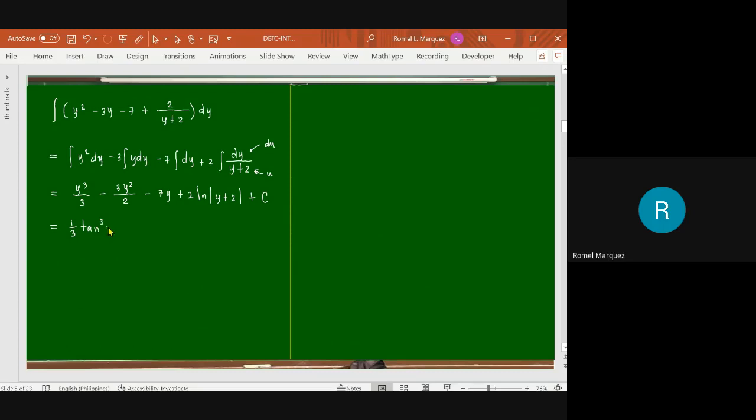So tangent cubed x, then minus 3 halves tangent squared x, minus 7 times tangent x, then plus 2 times ln of the absolute value of tangent x plus 2, then plus the beautiful c.